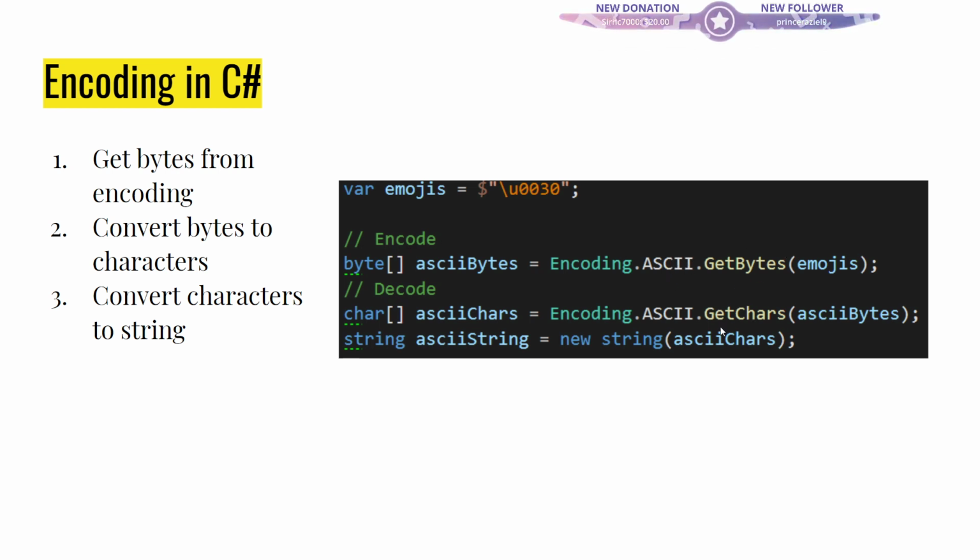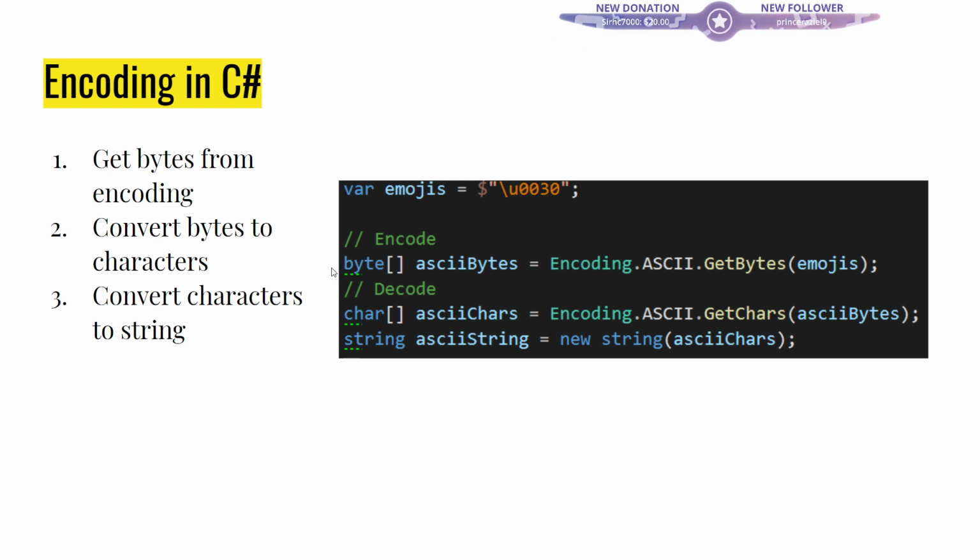And if I say GetChars, it converts those bytes into characters. So this takes the bytes of a string, and this takes the characters of those bytes, just decodes them.